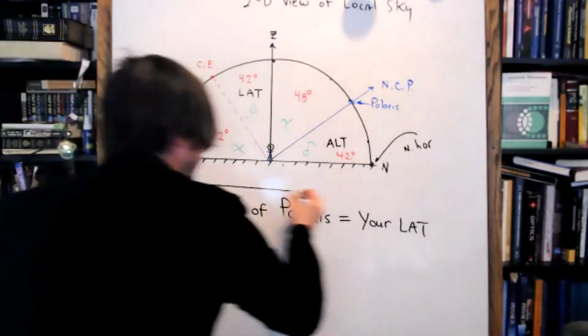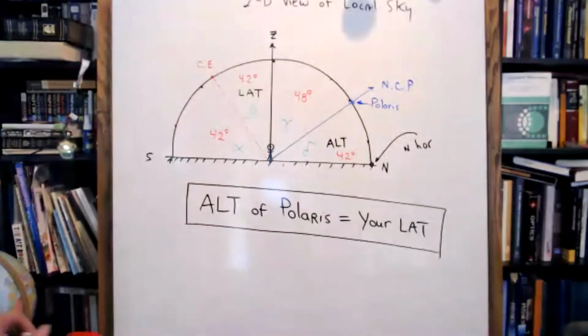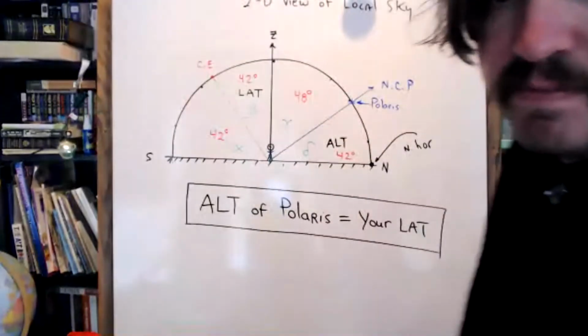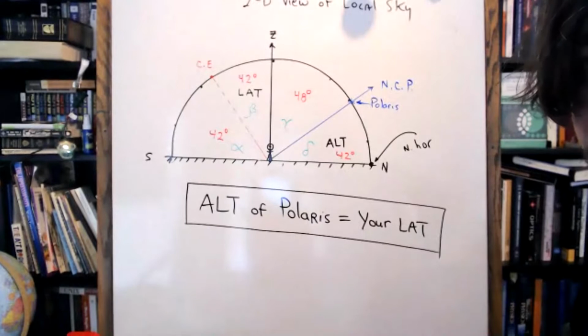I think you should put a box around this because you're going to discover that many problems can be answered. We can figure out the answer to many problems by remembering that rule. The altitude of Polaris is equal to your latitude.